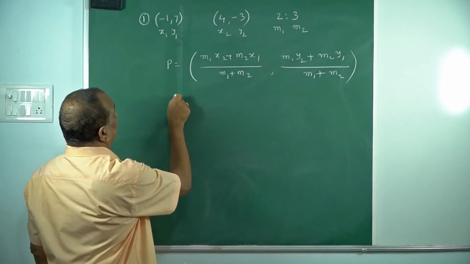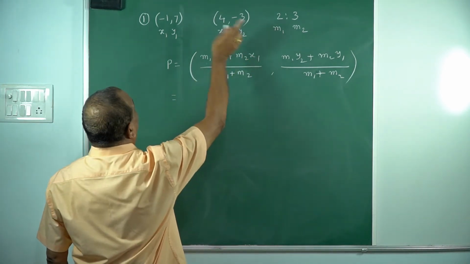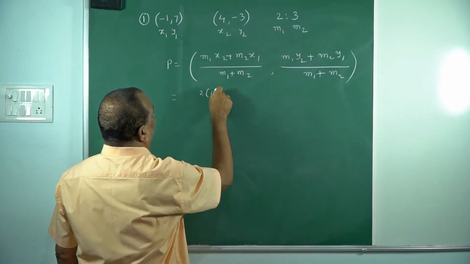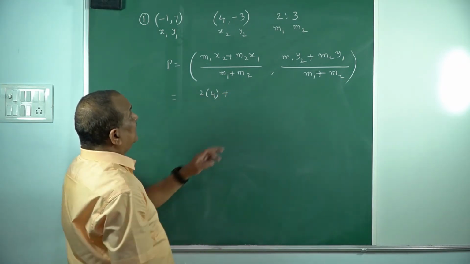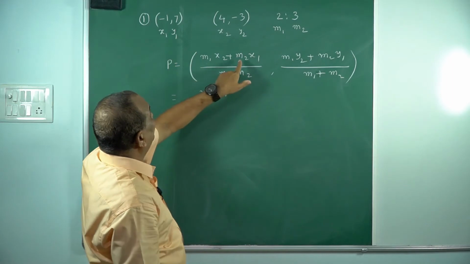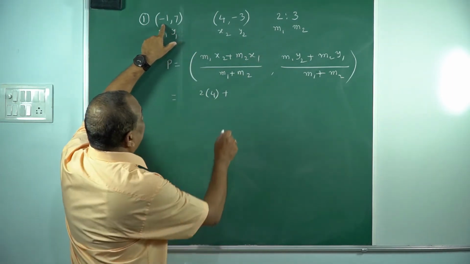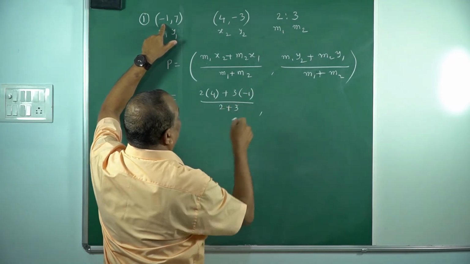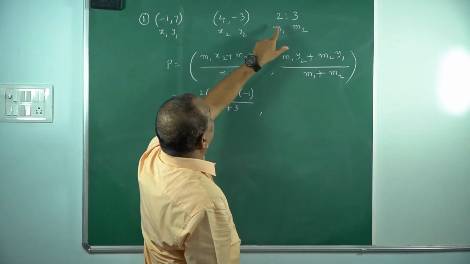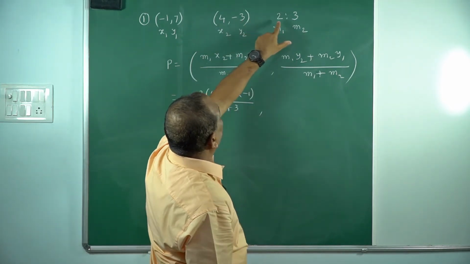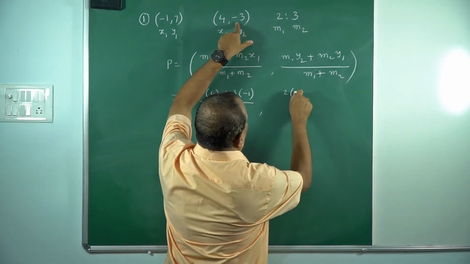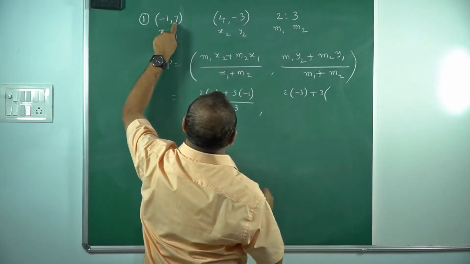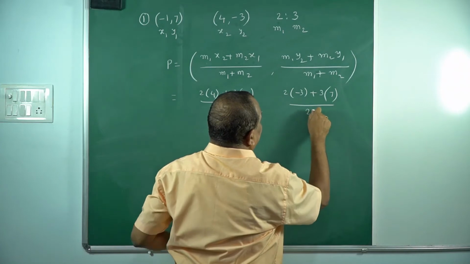Start. m1 is 2 there. 2 into x2, 2 into 4, plus m2 is 3, and x1 is minus 1, 3 into minus 1, by m1 plus m2. Comma. Next one, m1 into y2, 2 into minus 3, plus m2 is 3, into y1, 7, by 2 plus 3.